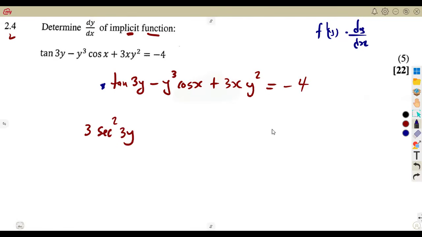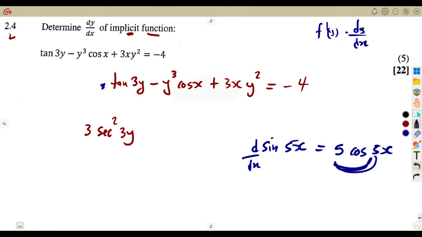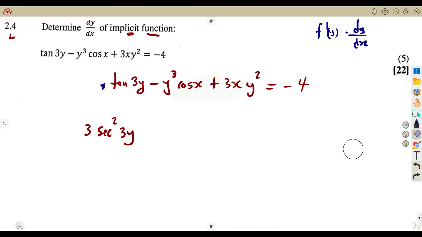If you are given to differentiate the sine of 5x, the answer is not cos x, no. This is supposed to be also there. So as you differentiate this with respect to x, your answer is going to be 5 cos 5x. The number also is affected. So even if it is a tan, this number must affect here. So it's going to be 3 sec squared 3y.